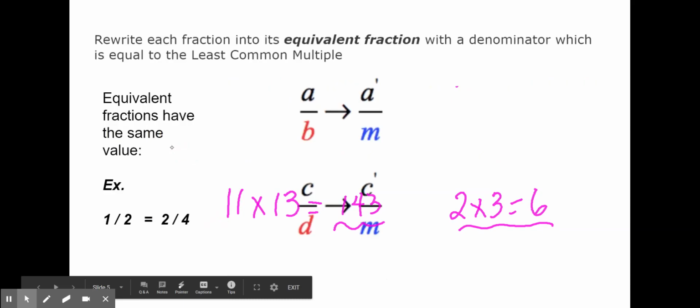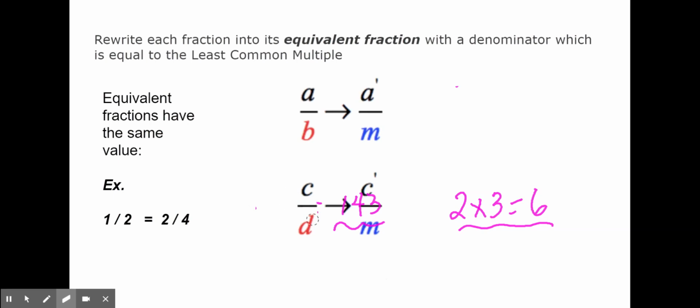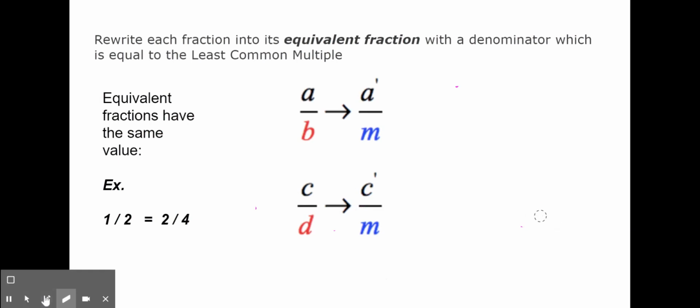Once we find the least common multiple or the least common denominator, we're going to look at creating equivalent fractions. We have to make sure the denominators are the same after we create those equivalent fractions. You notice the m is here and the m is here. But how did we get from b to m? And what does this prime mean?